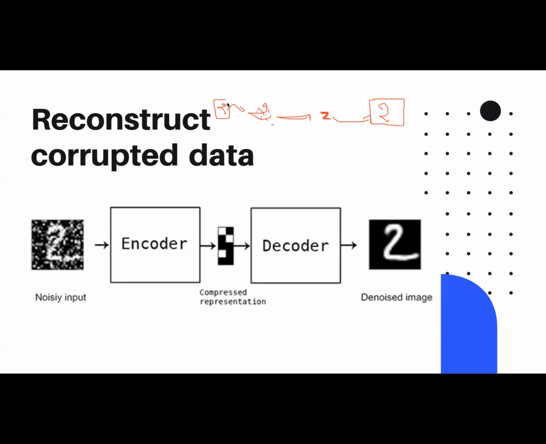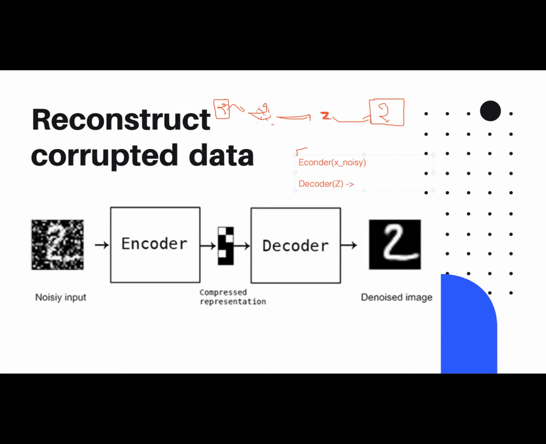So this is the, what are they called? The Y hat and the Y, right? So basically, the encoder is a function. Let me just write it. So the encoder is a function that takes X noisy. And the decoder is a function that takes Z, right?